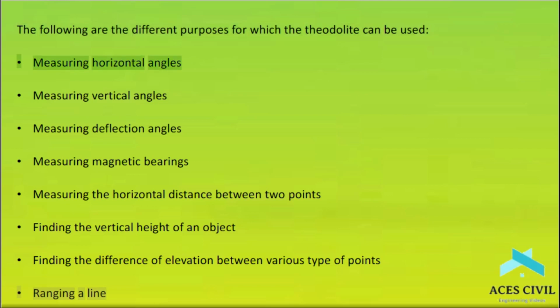Measuring horizontal angles. Measuring vertical angles. Measuring deflection angles. Measuring magnetic bearings. Measuring the horizontal distance between 2 points. Finding the vertical height of an object. Finding the difference of elevation between various points.